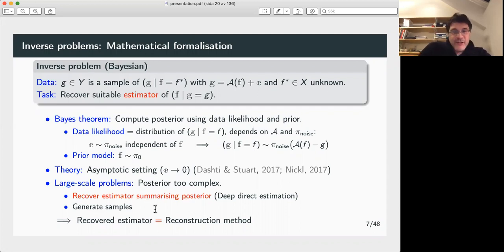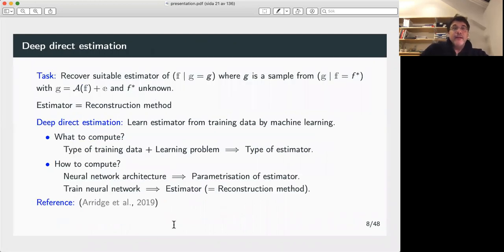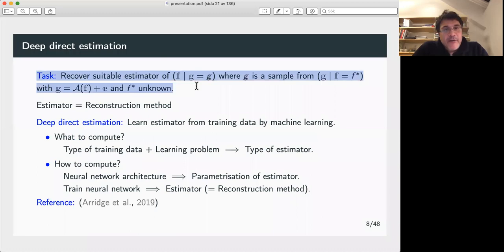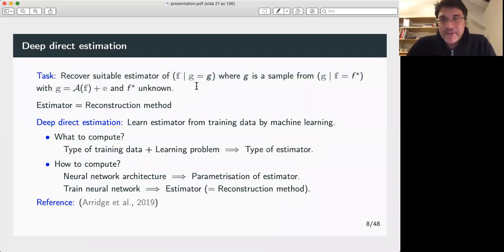So I'm going to transition now and say that the idea is to use deep learning to actually learn a suitable estimator from training data. Again, I'm rephrasing the problem here. I'm going fast because I have a lot of material to cover. So the inverse problem now is to recover a suitable estimator of this conditional random variable, and we still have the data as before.